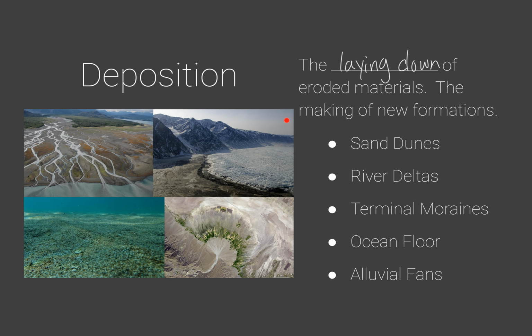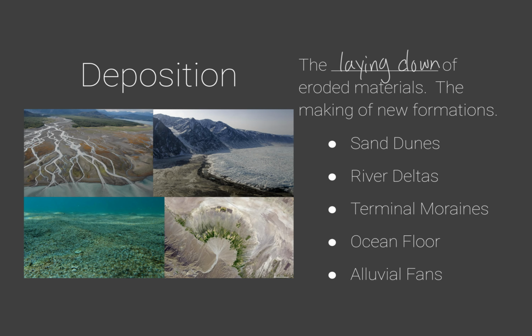At the end of glaciers, we have terminal moraines. So here's our glacier, and you can see a huge strip of deposited material at the end of that glacier that's called a terminal moraine. The ocean floor constantly has sediment being deposited, and then also dead creatures that have shells deposit on the ocean floor, and those shells can build up to make rocks.